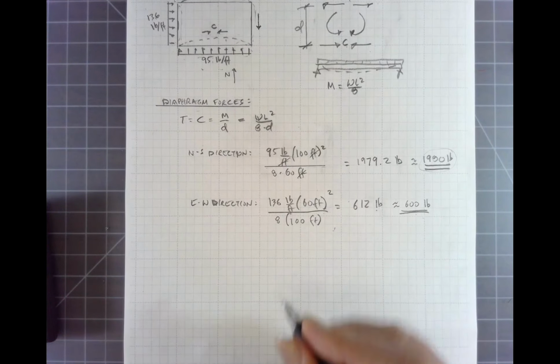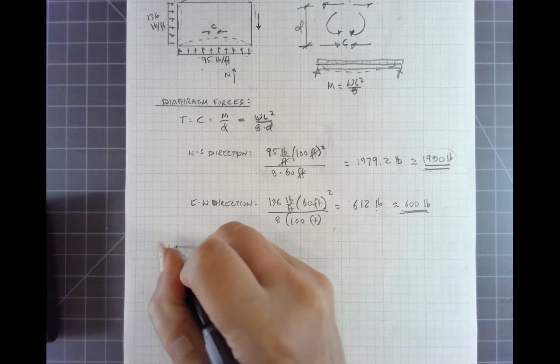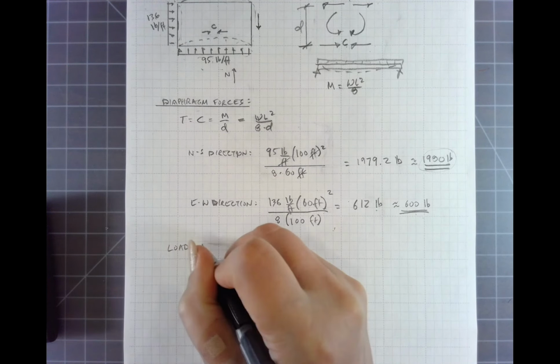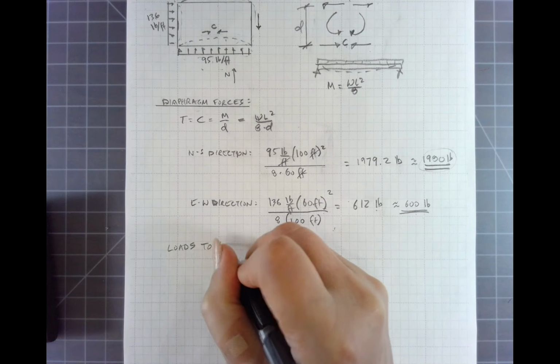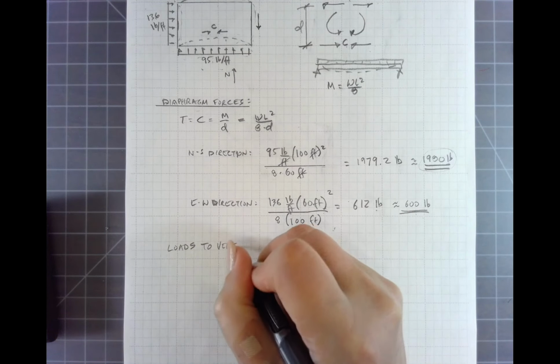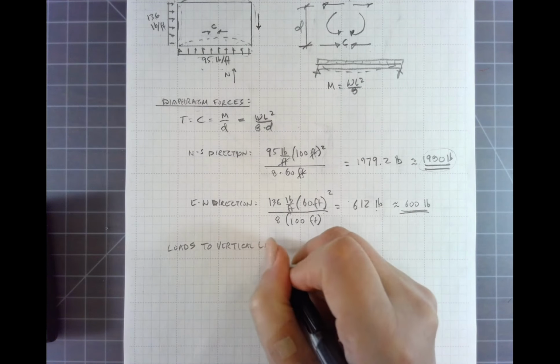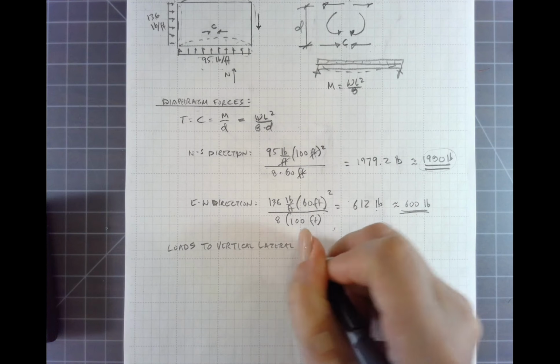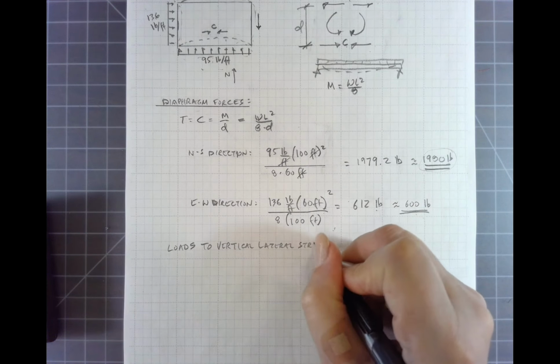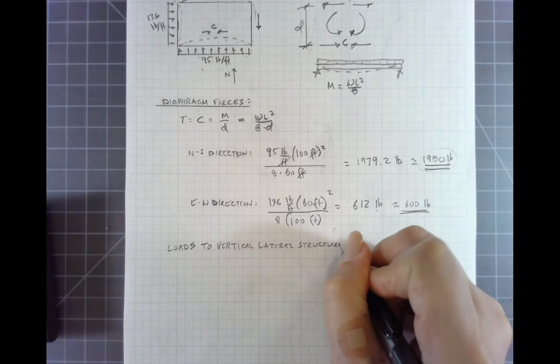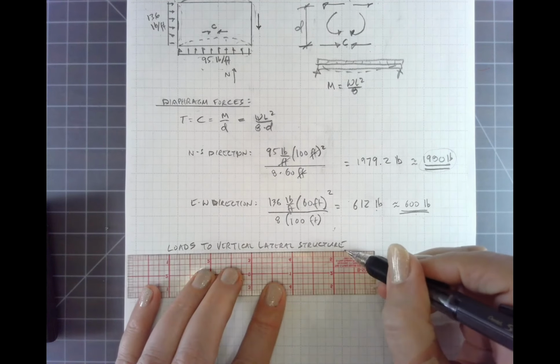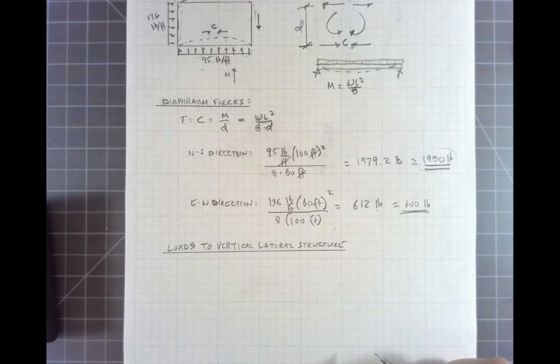So let's just calculate those forces. These are loads to the vertical lateral system. So this would be our shear wall or braced frame or rigid frame.